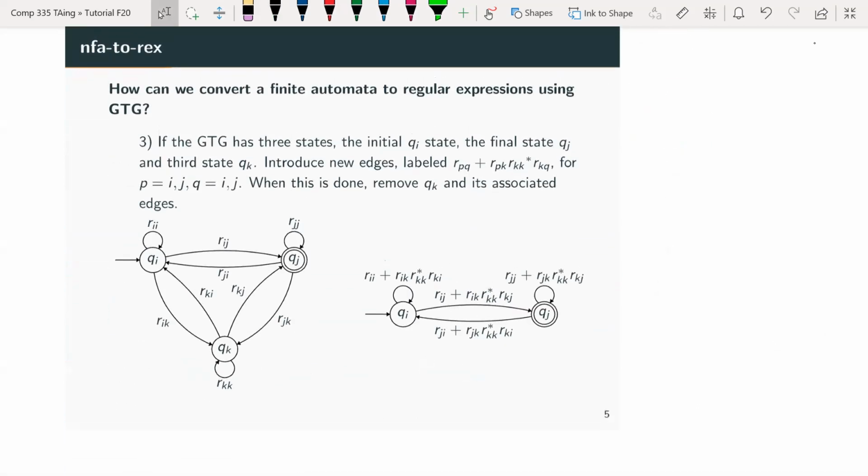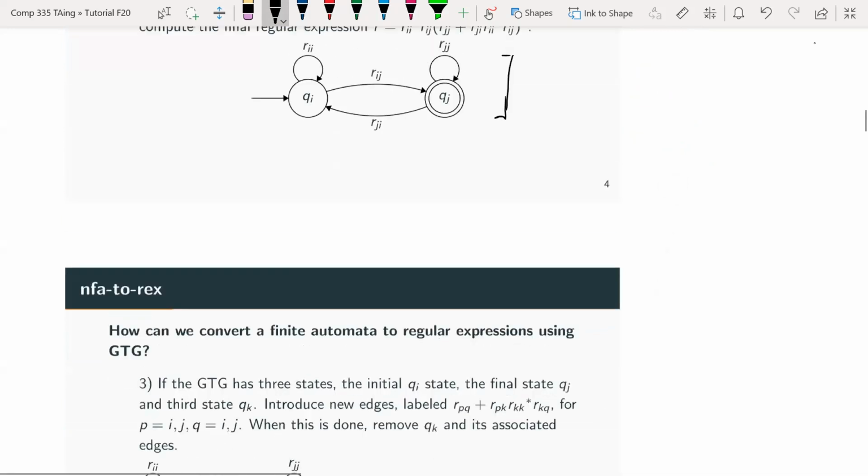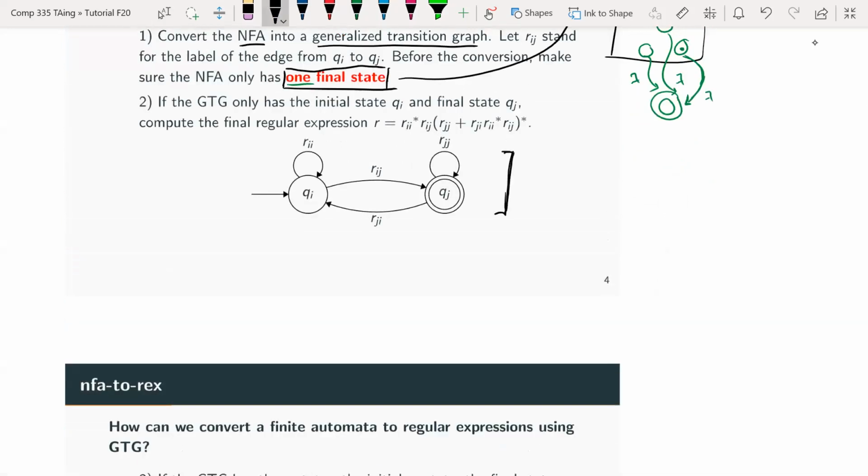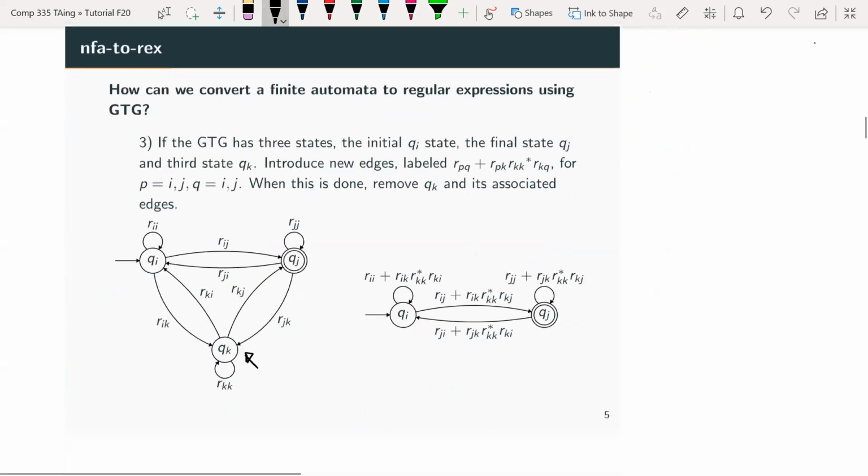If you have an intermediate state, in this case QK, you need to get rid of it, because remember the goal is to get a general transition graph that looks like this. So you need to take this state and remove it, but you want to preserve all of the transitions that exist.